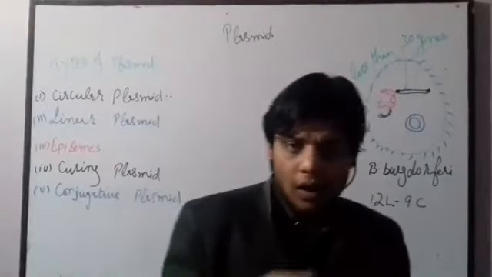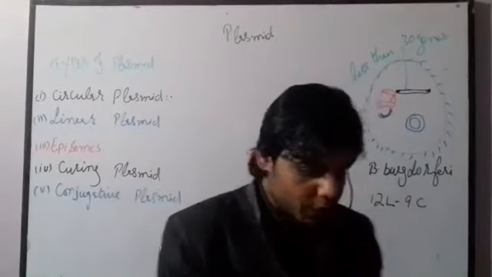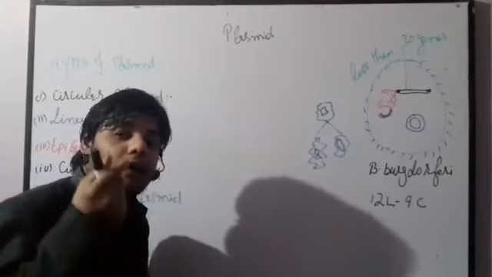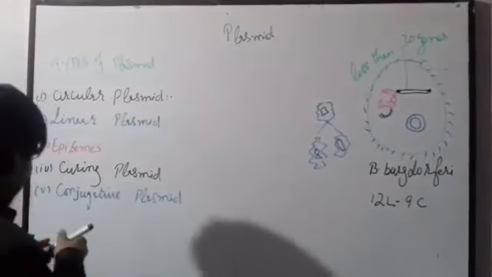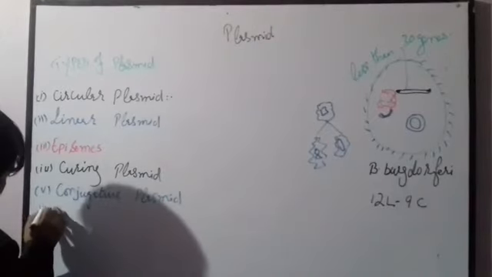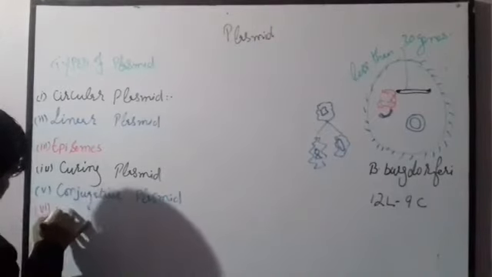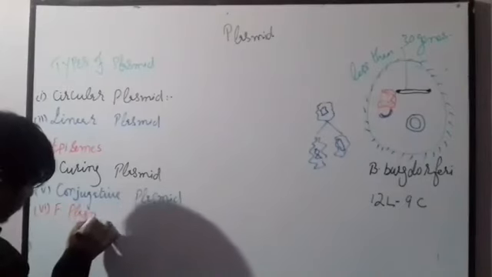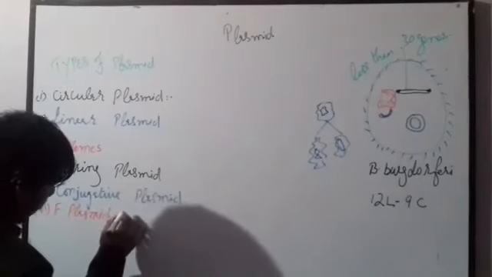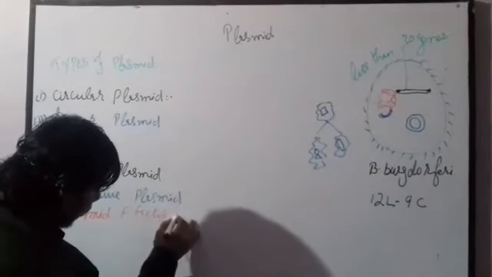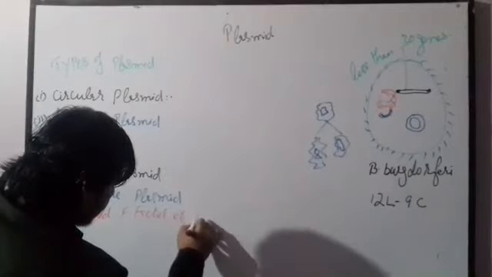Okay. After that, we have another plasmid. We call that the F plasmid or F factor, or we also call it the fertile plasmid. So let me write the name. F plasmid, F factor, or fertile plasmid.